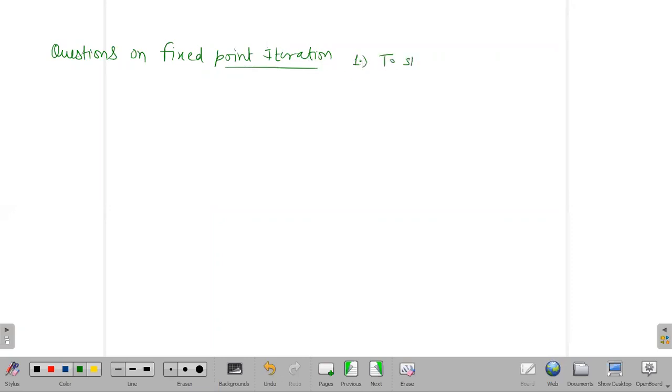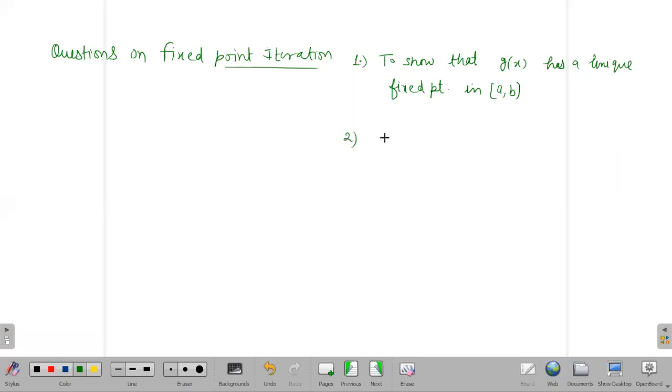So to show that g of x, any g of x will be given to you, has a unique fixed point in AB. So here you have to verify all the three conditions for this g of x on the given interval.